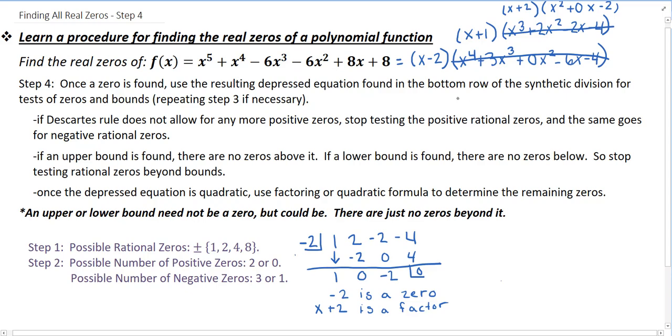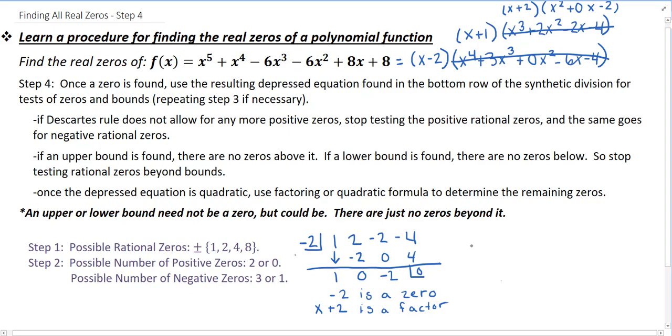And so we can see now that we've pulled ourselves all the way down to a quadratic, so degree 2. So then what we can do at this point is we can actually stop with our synthetic testing, because there's really no reason to keep going, because once you're down to a quadratic, you can use the quadratic formula or factoring, so whichever works.